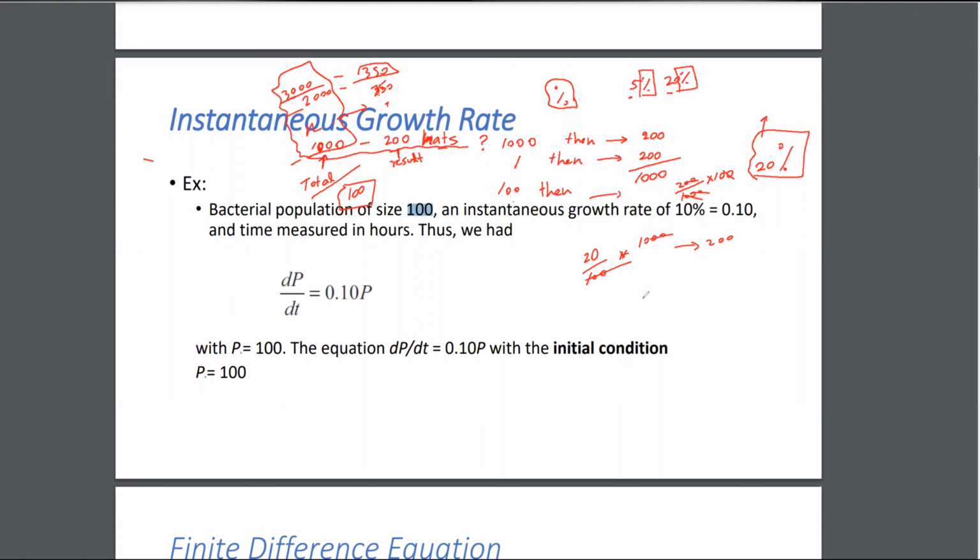If I want to calculate it for 3,000, I simply write like this and multiply by 3,000 total. Then you get how many hats you have. So that is 600 of them have hats. That is what percentage means.